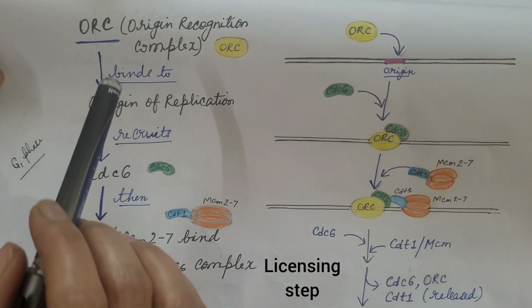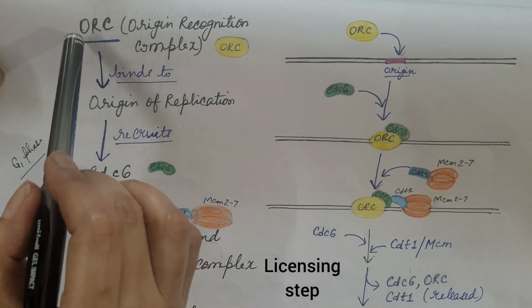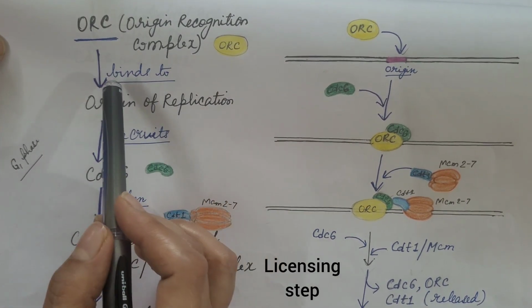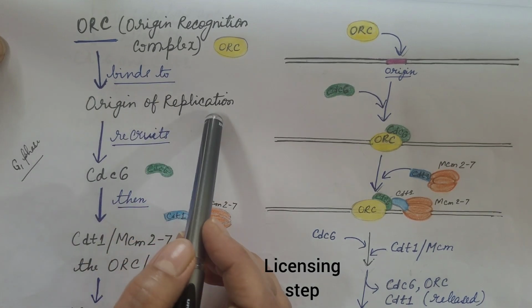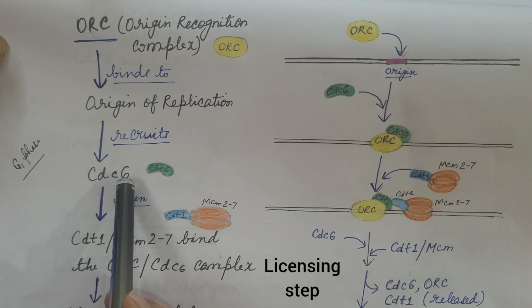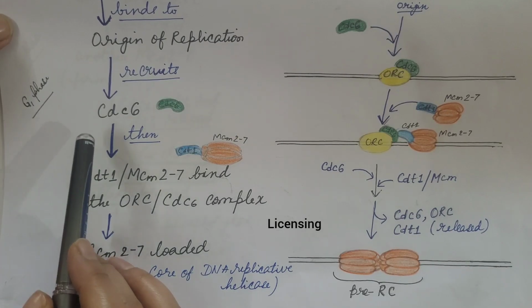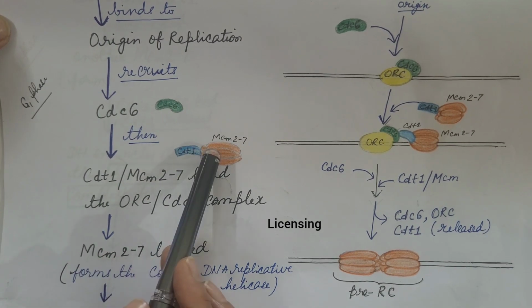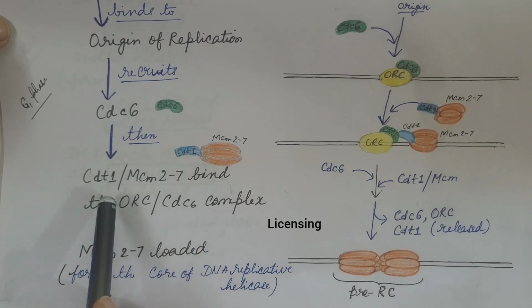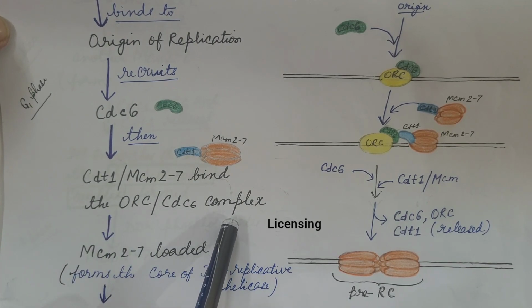Now let us see the different events that take place during initiation in detail. ORC, that is origin recognition complex, binds to the origin of replication. This then recruits CDC6 protein, cell division cycle 6 protein. After that, CDT1 and MCM2-7, which is a hexamer, bind the ORC-CDC6 complex.